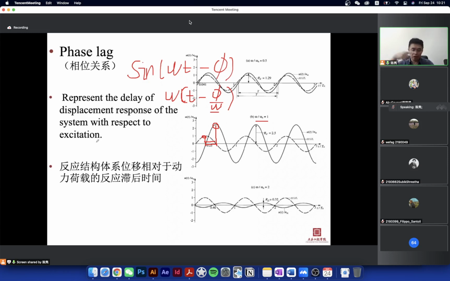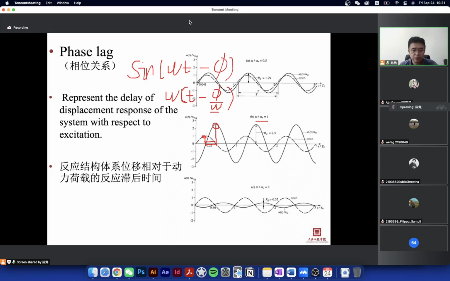In short, you apply a load to the structure. If the structure has damping, the response of the structure will be later than the dynamic load. It's like shown here, for omega divided by omega n equal to 0.5, 1, and 2. So it will be delayed with respect to the excitation.